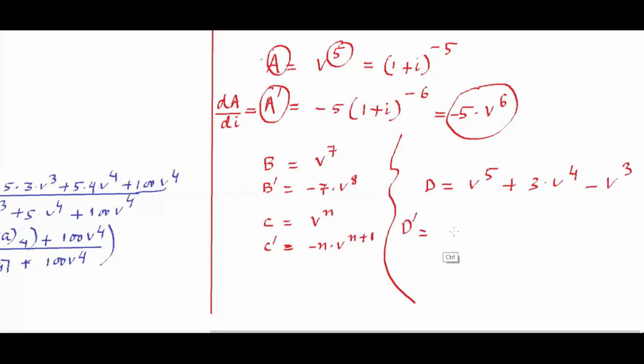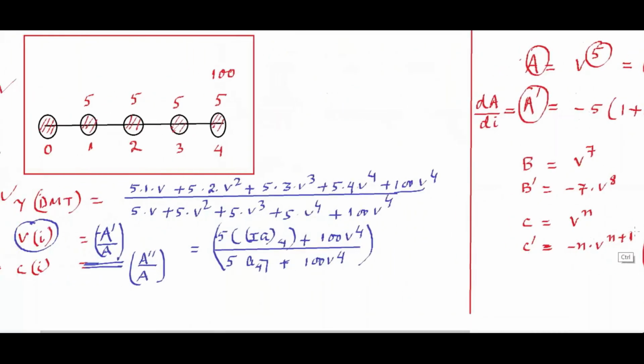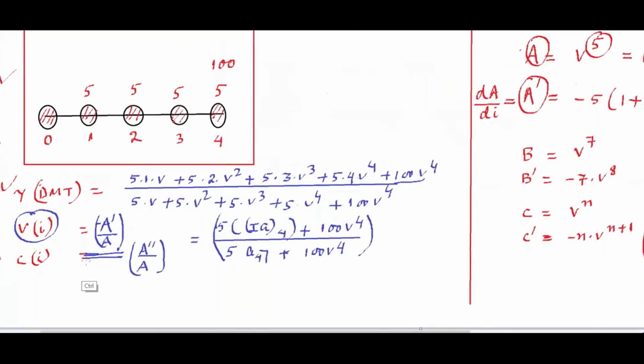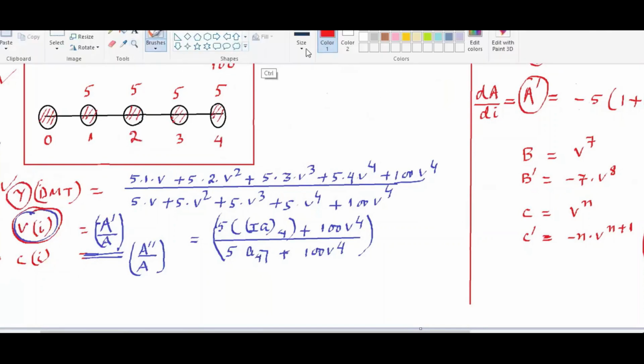So then d dash will be minus 5 v power 6 minus 12 v power 5 plus 3 v power 4. This will be differentiation here. Now we'll apply this technique here, and we'll see whether VI has some connection with tau or not. Okay, let me write here.